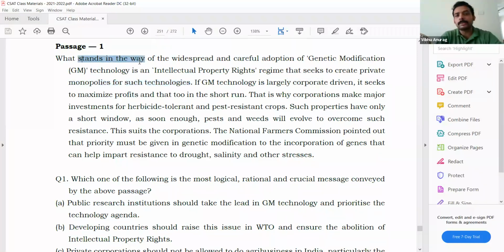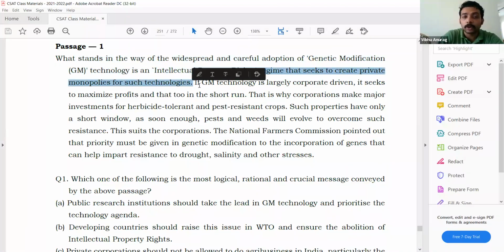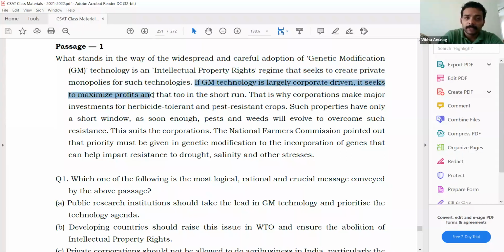So stands in the way means creates an obstacle for proper adoption of GM technology is an IPR regime that tends to create a monopoly.